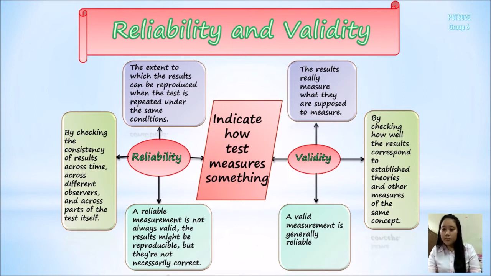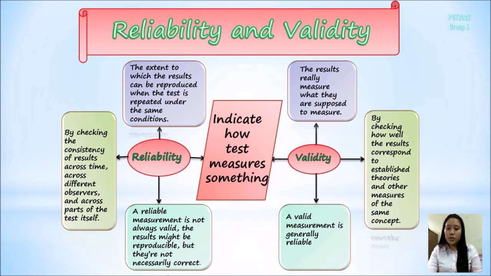But validity refers to checking how well the results correspond to established theory and other measures of the same concept. It means that if you want to know whether the result we obtain from the test is accurate or not, we can compare the result to the relevant data or theories. If the result is accurate, that means it is valid.